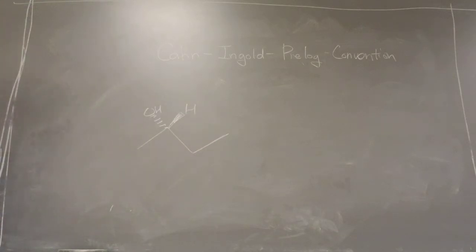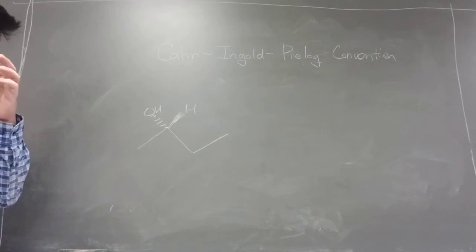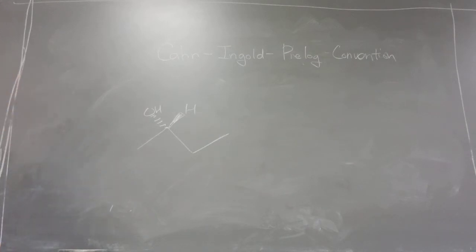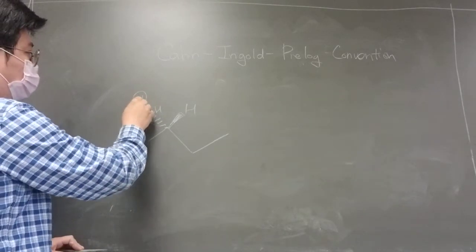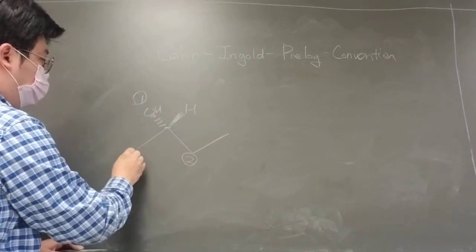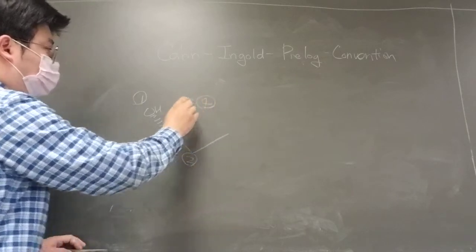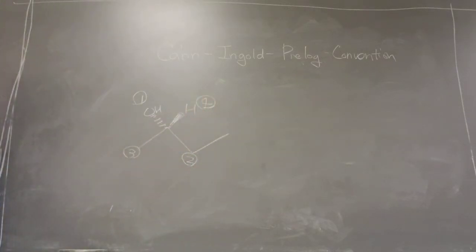Now we have to put it in this one, this way. And then it's the same, right? This will be 1, 2, 3 and 4 as we did it, right?